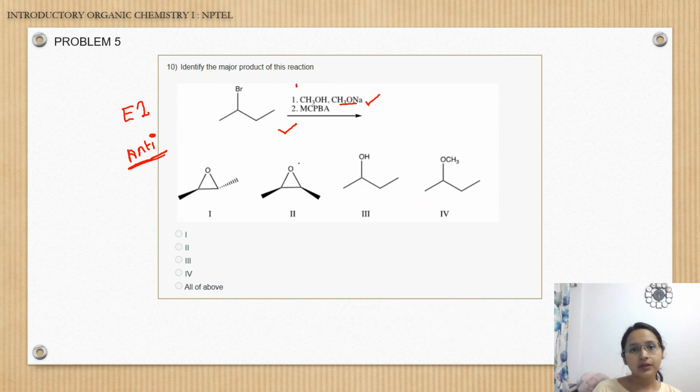So now you also have to assign the stereochemistry for this particular thing. If this alkene is getting generated, I have told you that in E2 elimination, H and Br should be anti. So here this methyl is present at this position and this is hydrogen, right?